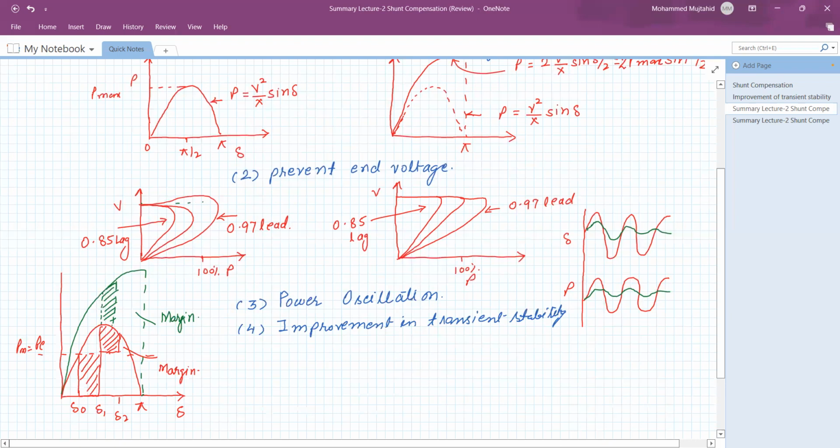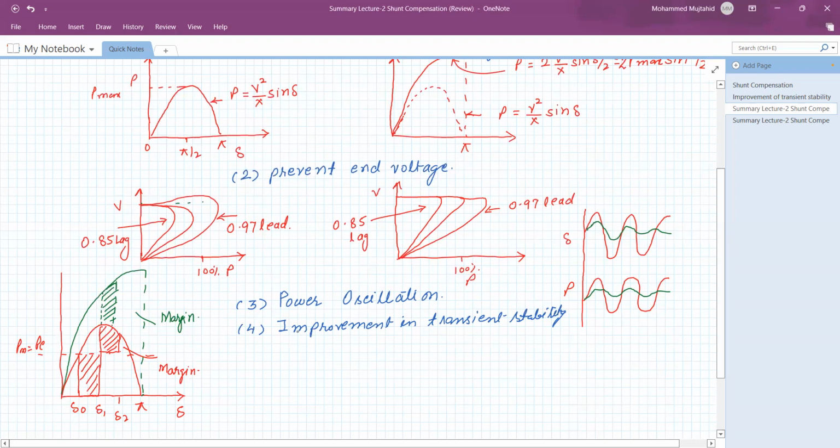Third point is power oscillation. Whenever there is a sudden disturbance, the angle oscillates, and this oscillation may increase or continue for a longer time. With the help of shunt compensation, this oscillation can be mitigated, which will avoid the power swing in the transmission line.